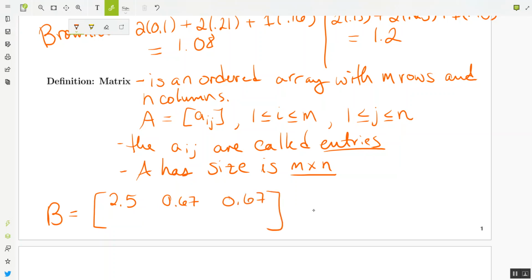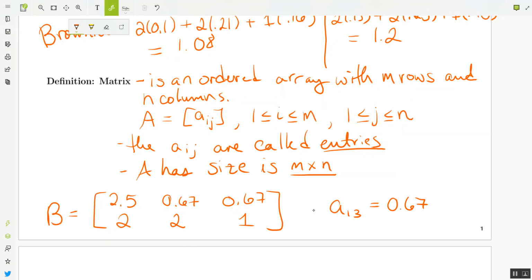And then my first entry in the second row, which it's hard to remember to say that correctly because I'm used to saying, oh, that's in 2, 1, because it's in the second row in the first column. 2 and then 1. So this is an example of a matrix. So for instance, the entry 1, 3 would be in the first row, this row, in the third column, that would be 0.067.